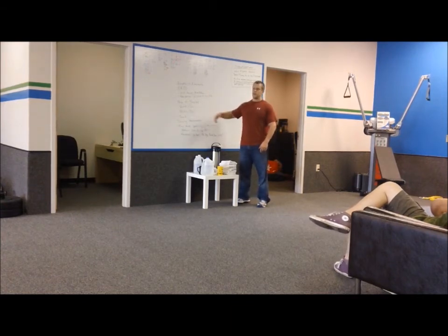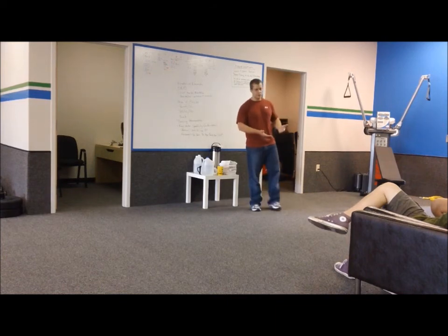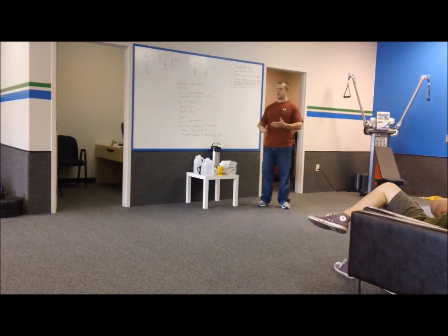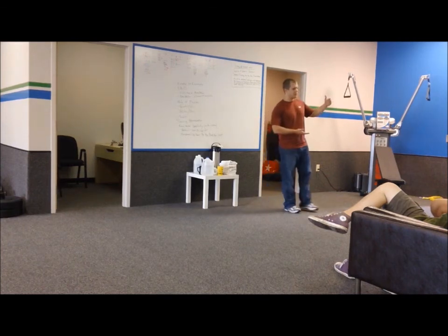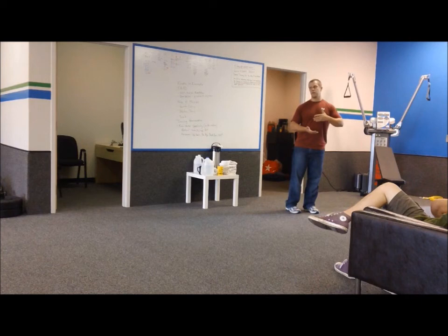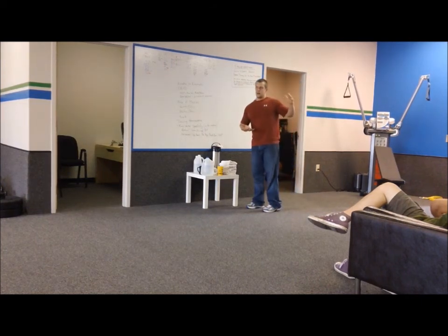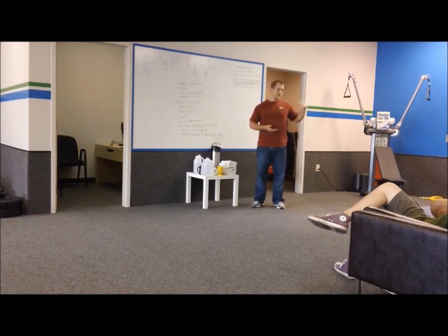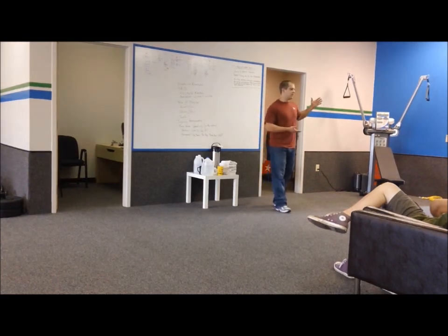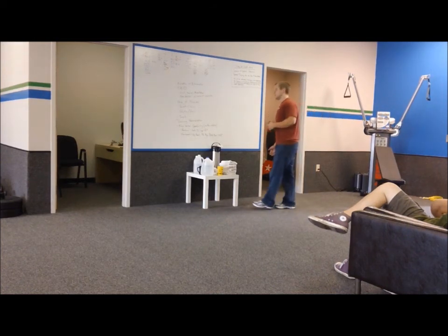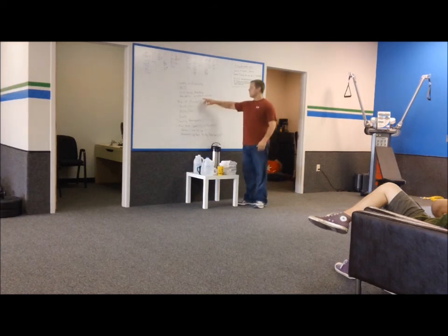So that has a lot of implications in terms of the exercises we select, the orientation of those exercises, which we'll talk about a little bit later, and also the way in which we program them in terms of the beginning or the end of the training session, as well as selecting the resistance and looking at something that's going to allow us to have high movement velocity versus low movement velocity, and thinking about how those will have an effect.